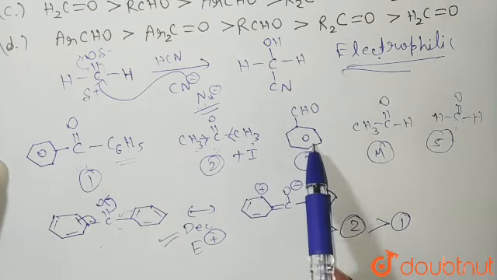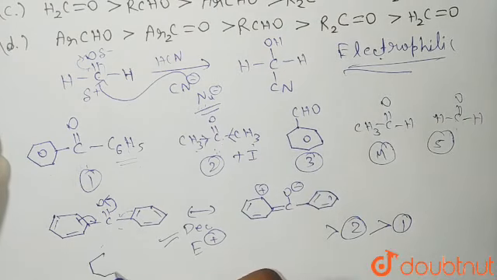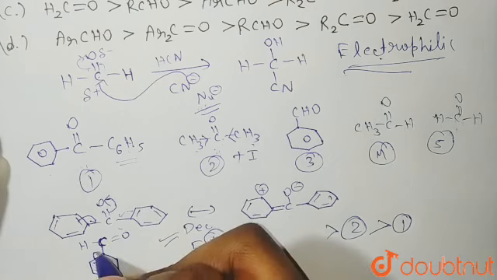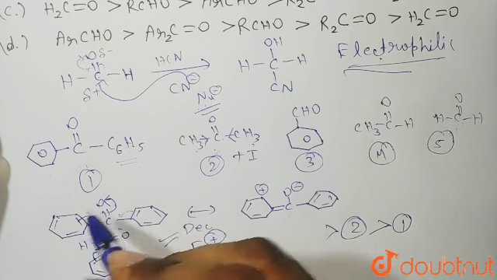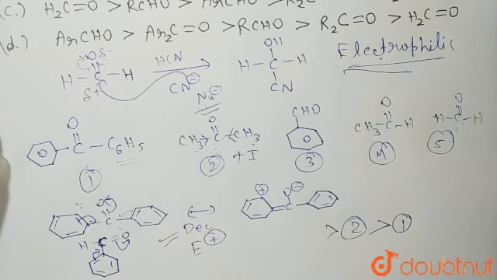Next is our benzaldehyde. Again, benzaldehyde can also be written like this: C double bond O, H. Right, this is benzaldehyde. Again, this can also donate electrons, just like resonance was happening in this structure. Similarly, it can happen here like this, right?